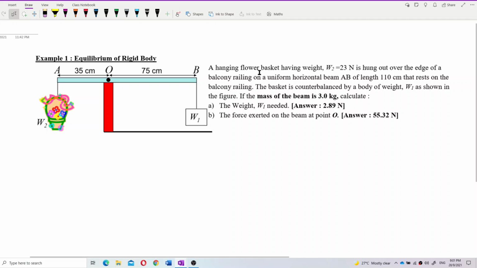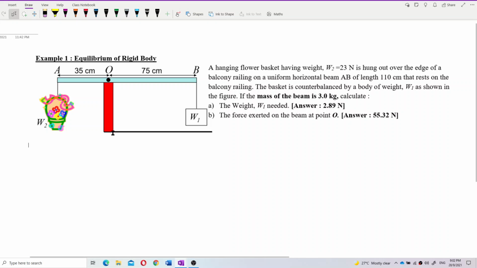A hanging flower basket having a weight W2, 23 Newton, is hung out over the edge of a balcony railing on a uniform horizontal beam AB, of length 110 cm that rests on the balcony railing.